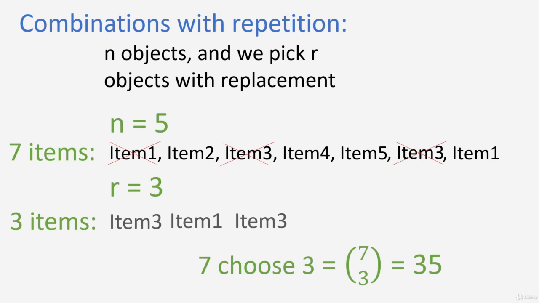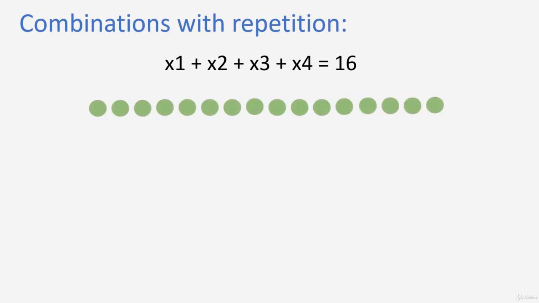So let me show you another example. Imagine that we have this equation, x1 plus x2 plus x3 plus x4 is equal to 16, where all the x's are positive integer values. How many solutions to this equation exist? So what we are actually solving? Imagine that we have 16 balls and we are trying to get them into 4 boxes.